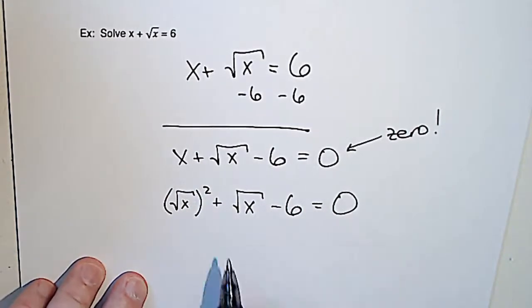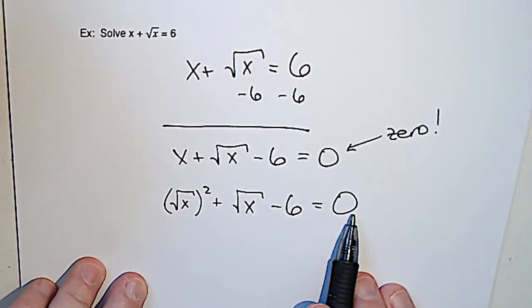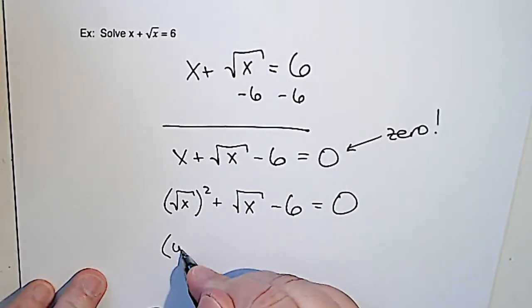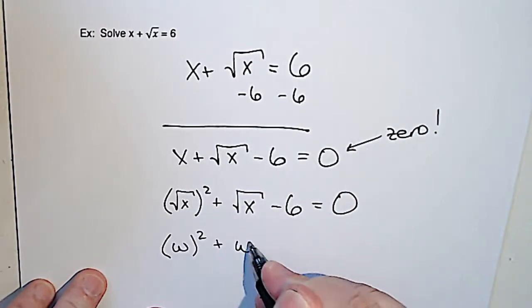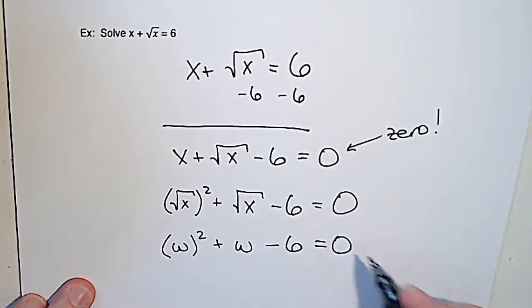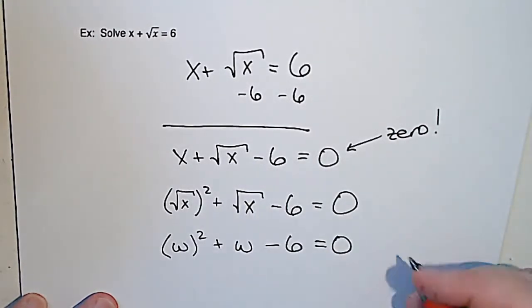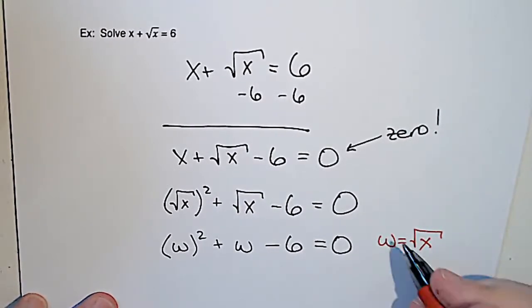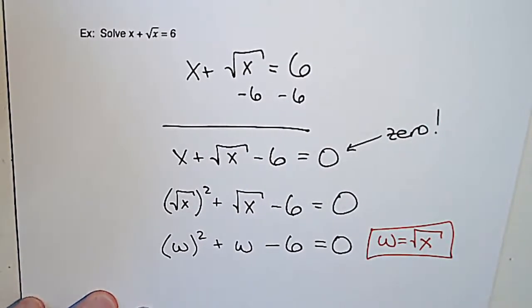Okay. In this format, we can use the quadratic formula. But in this case, again, I'll use W. I'm going to put W wherever I see the radical x, I'm going to put W. Okay.